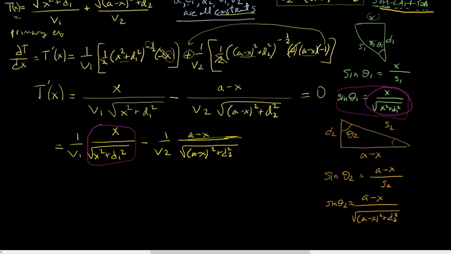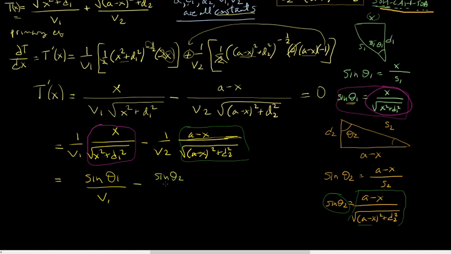And likewise, this big fraction here is the same as sine of theta 2. So now we get sine of theta 1 divided by v1 minus sine of theta 2 divided by v2.